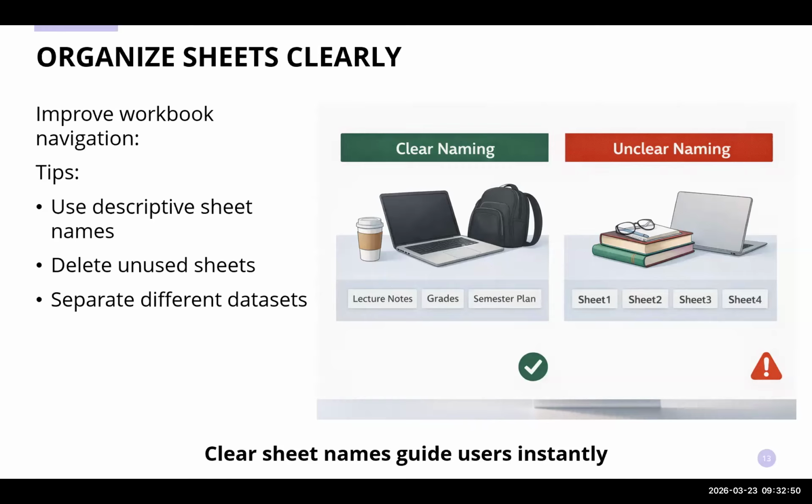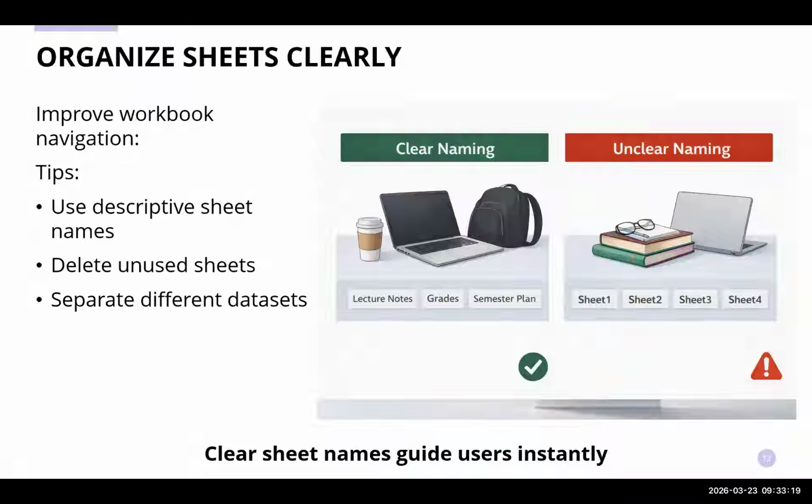Finally, if your workbook contains multiple data sets, try to separate them into different sheets and do not try to cram everything into one sheet, which makes it much harder to follow. It can actually break accessibility when tables are interrupted with unnecessary data. So clear sheet organization improves navigation, saves time, and ensures that everyone can find and understand the data quickly.